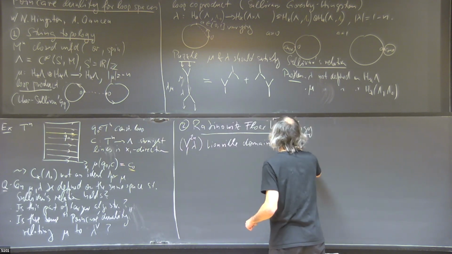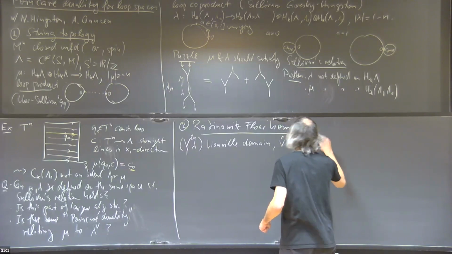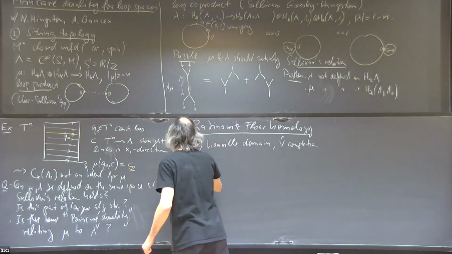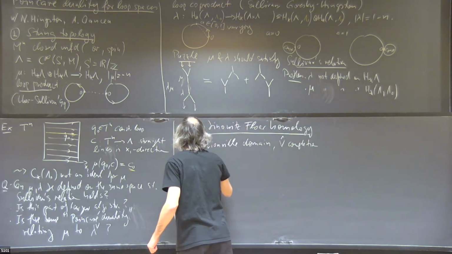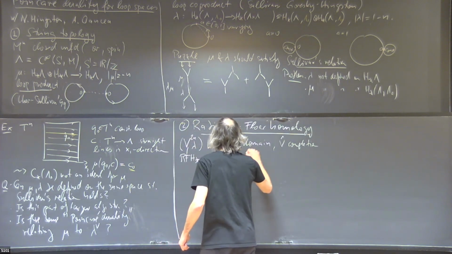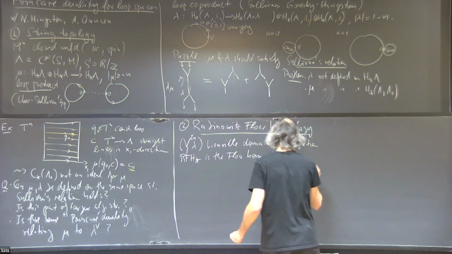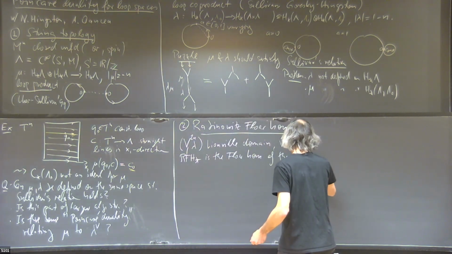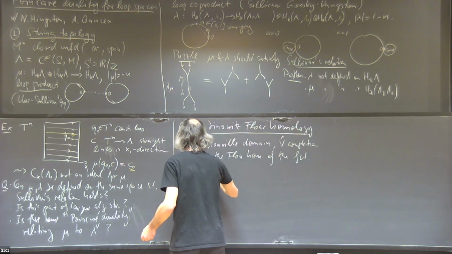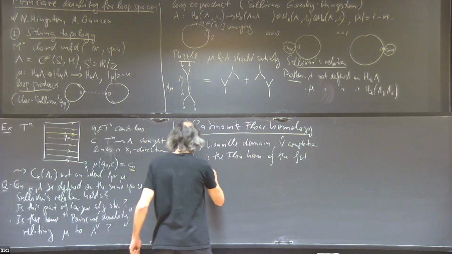As usual, we denote by V hat the completion. And Rabinowitz homology is the homology of the Rabinowitz action functional. It depends on the choice of Hamiltonian, which I will specify in a second.